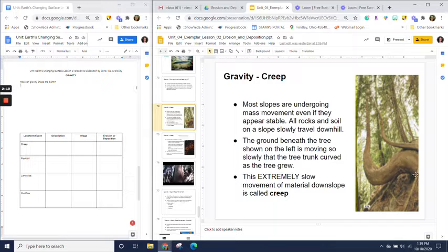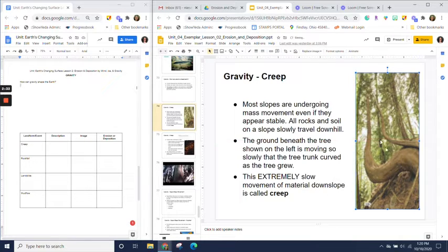The rocks and soil are slowly shifting downhill, carrying the roots with them a little bit, which is creating this curve that you see in the tree. This curve right here was created by mass movement. This is an extremely slow process. The movement of material downslope very slowly is called creep.